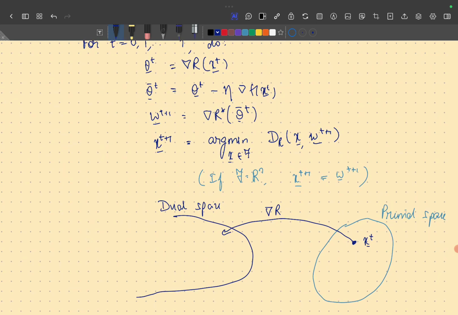My theta t is gradient R evaluated at xt. Okay, so I get this theta t, and then I take a step in the direction of gradient f of xt.